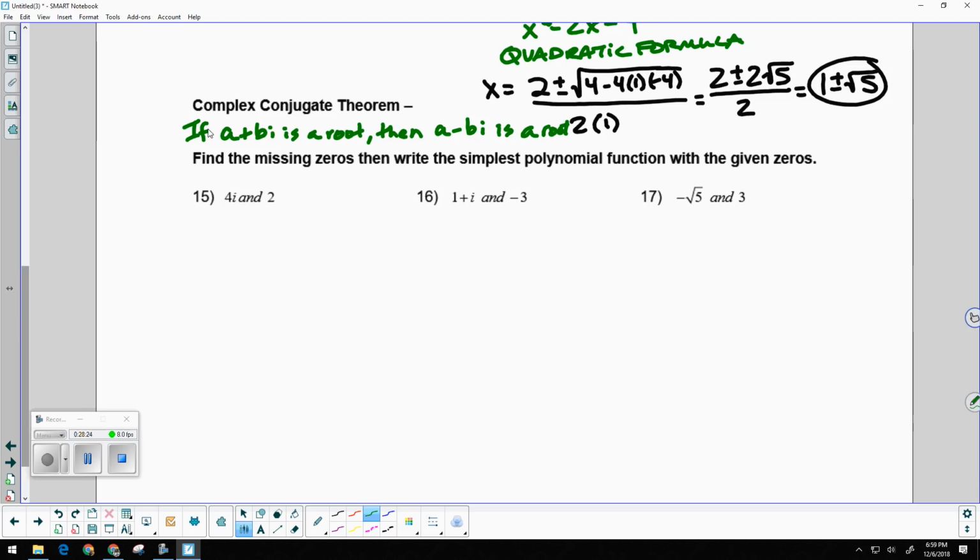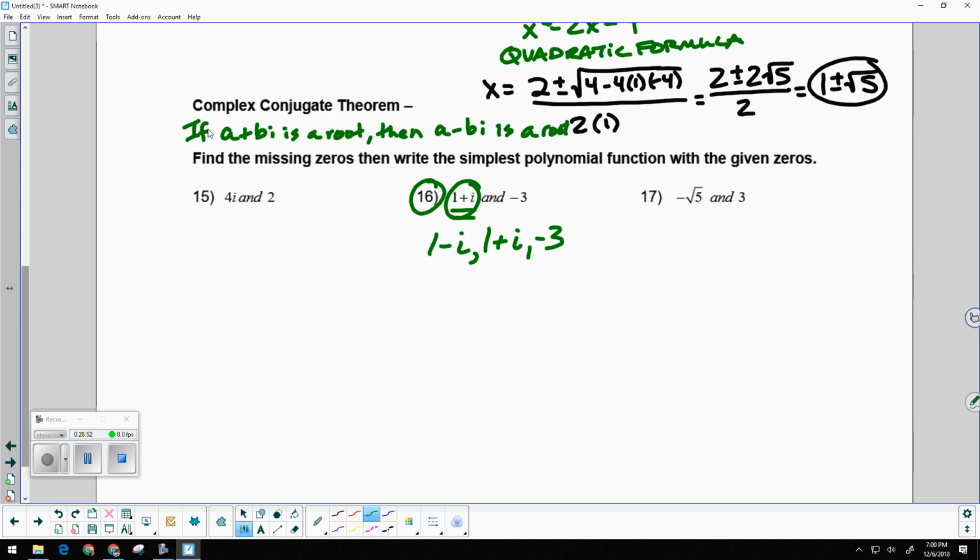So for example, in number 16, the directions say find the missing zeros, so that's all we're going to do. I'm given that these 2 are zeros. Well, this is a complex number, so that means not only is this a root, but its conjugate also is a root. So 1 minus i would be the missing root, and these are all the roots.